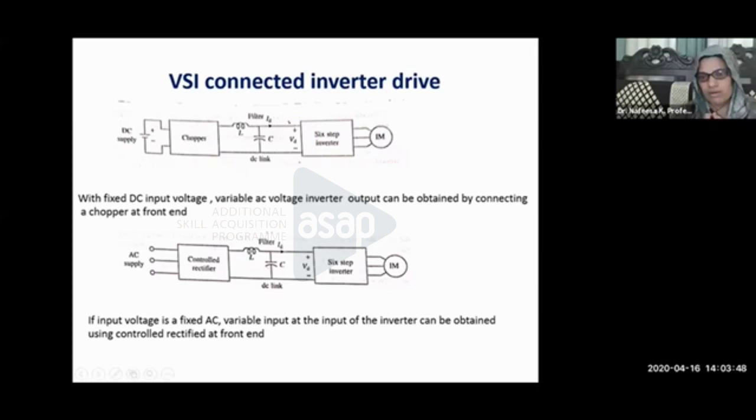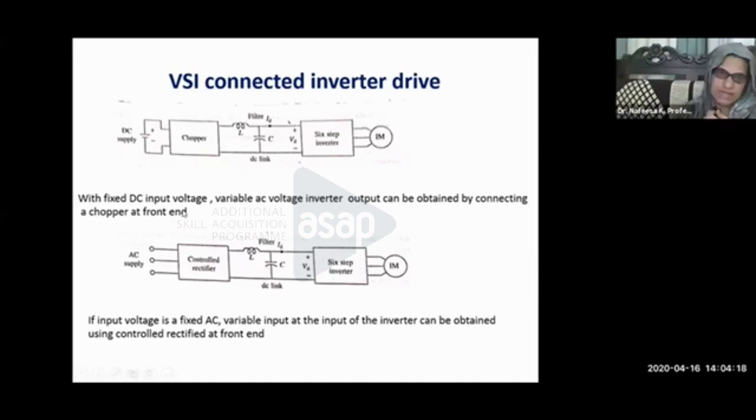By controlling the duty ratio of the chopper switches, you can control the output voltage, and this is given through an LC filter to the input of the six-step inverter. So with a fixed DC input voltage, a variable AC voltage inverter output can be obtained by connecting a chopper at the front end.